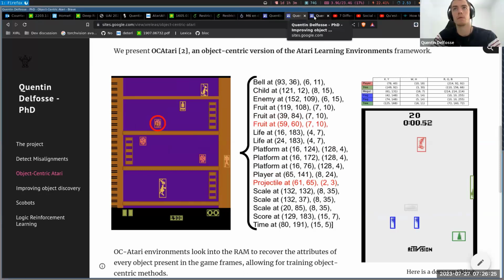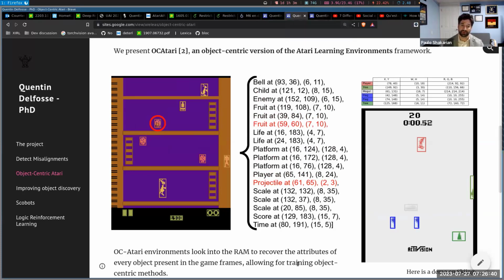Are you pre-training that module on runs of the game and then using that to recognize objects in the deep reinforcement learning, or are you training the object recognition concurrently with the policy training?